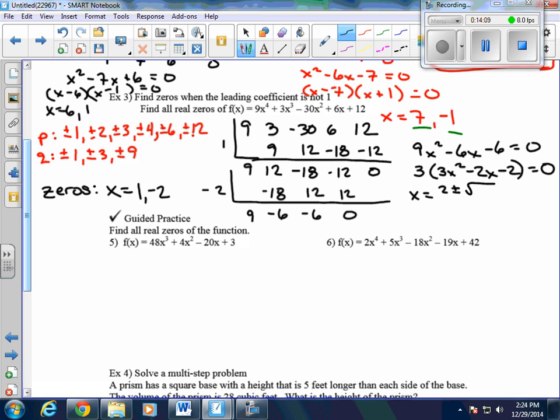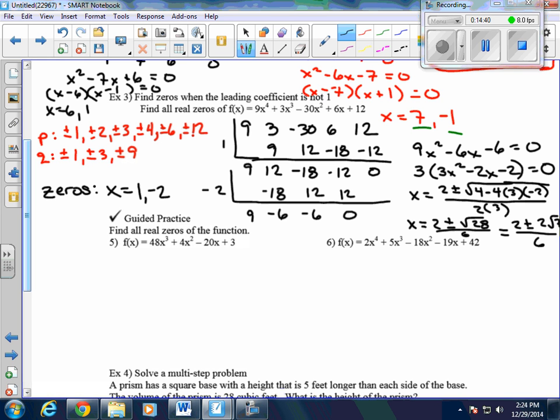2 plus or minus the square root of b squared, which is 4, minus 4 times a, which is 3, and c, which is negative 2, over 2 times 3. So this is going to be 2 plus or minus the square root of, 4 times 3 is 12, times 2 is 24, so that's going to be the square root of 28 over 6, which is 2 plus or minus 2 square roots of 7 over 6.